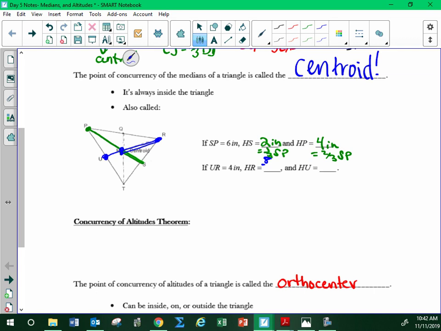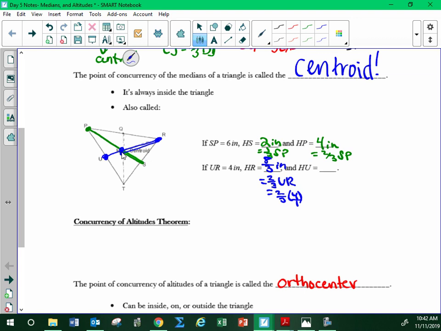You work with your units. Again, this goes back to HR is equal to 2/3 of the whole thing, UR. And so if I just do 2/3 of 4, multiply straight across, you get 8/3. Awesome.